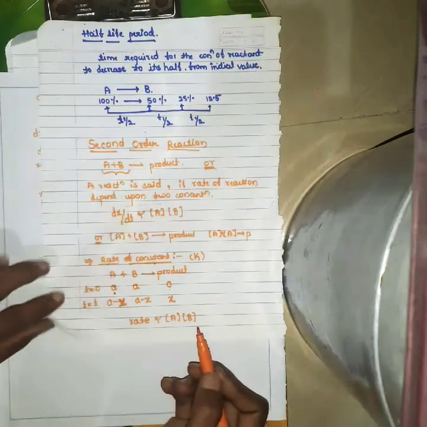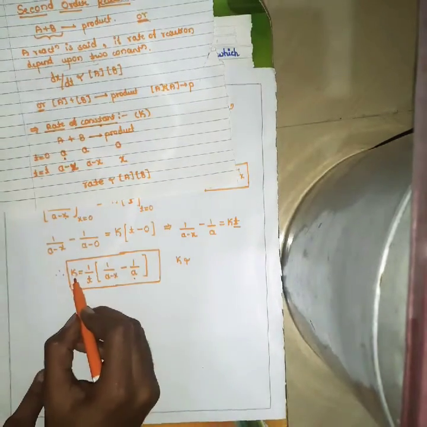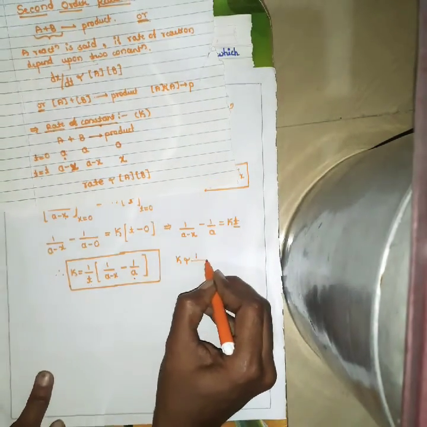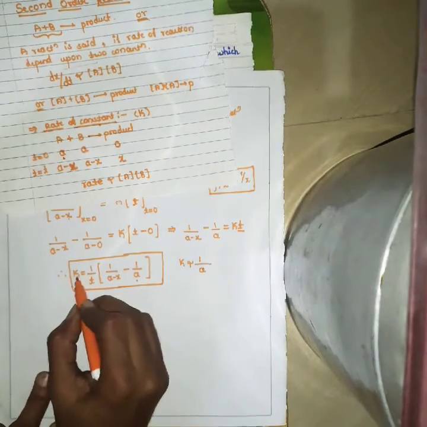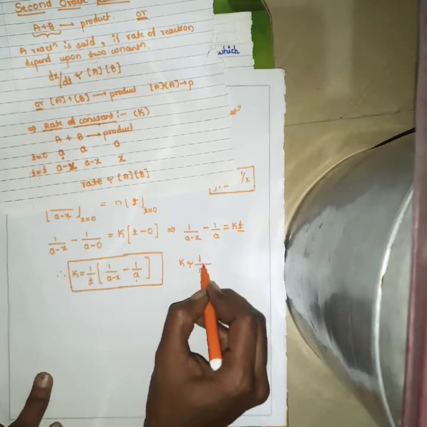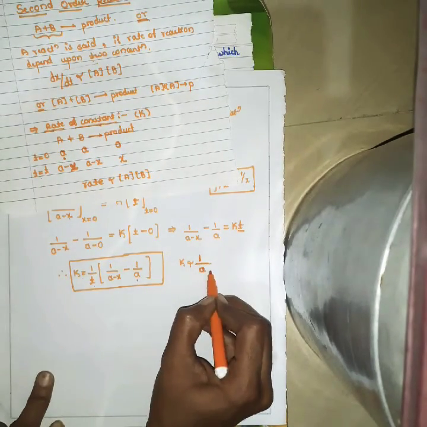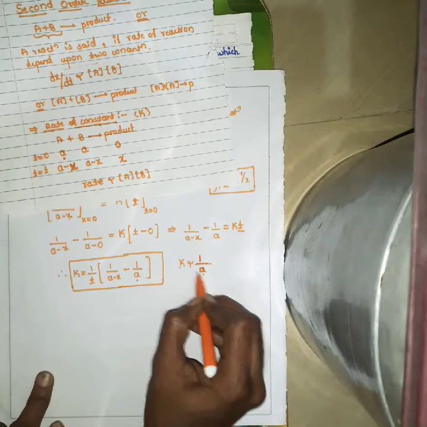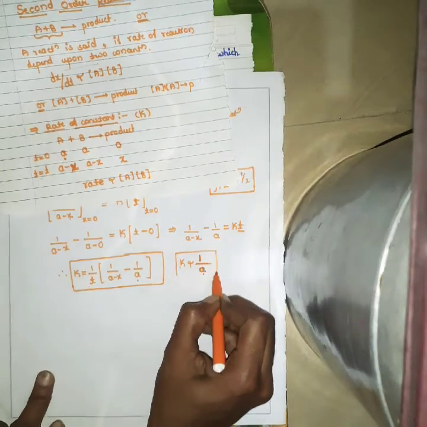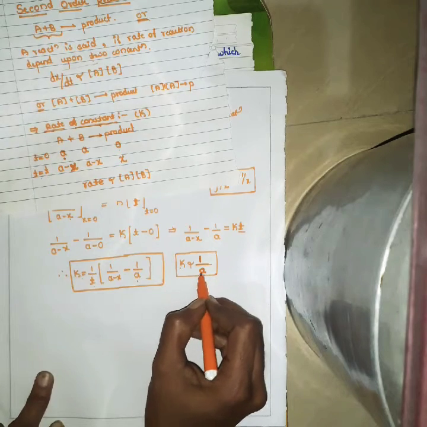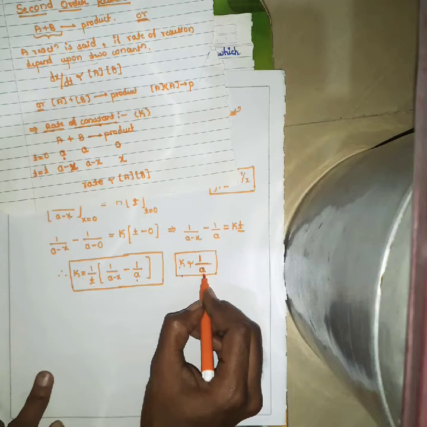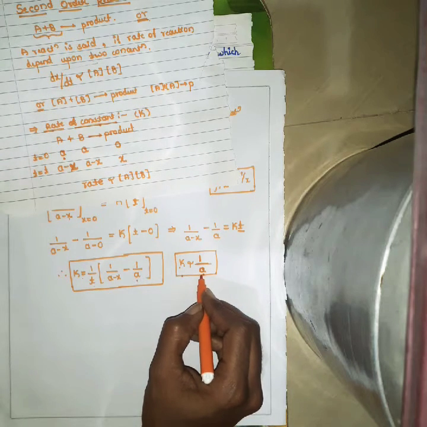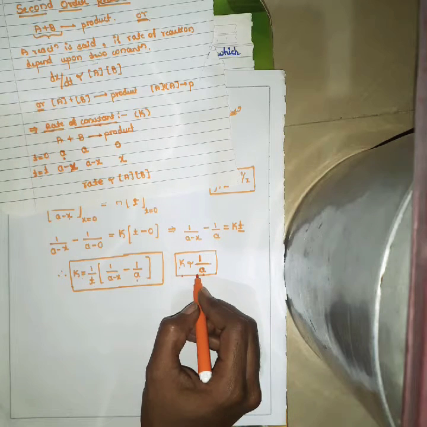Therefore the rate constant of the reaction is directly proportional to 1 divided by a, which means k is inversely proportional to the initial concentration of the reaction. The rate constant of a second order reaction is inversely proportional to the initial concentration of the reaction.